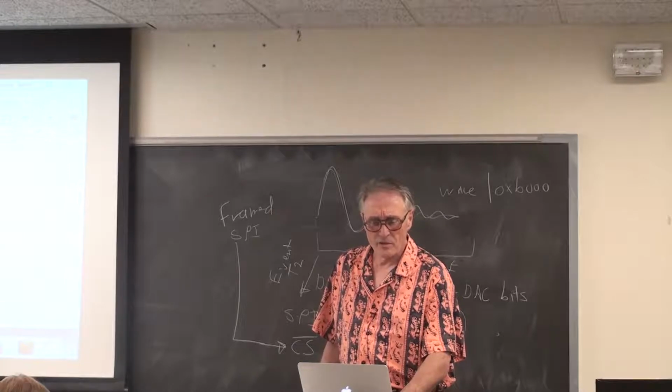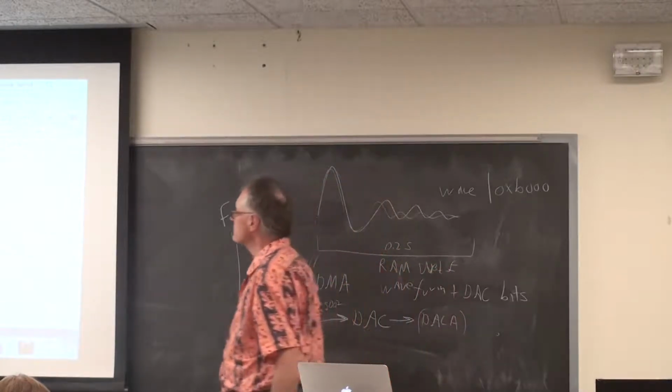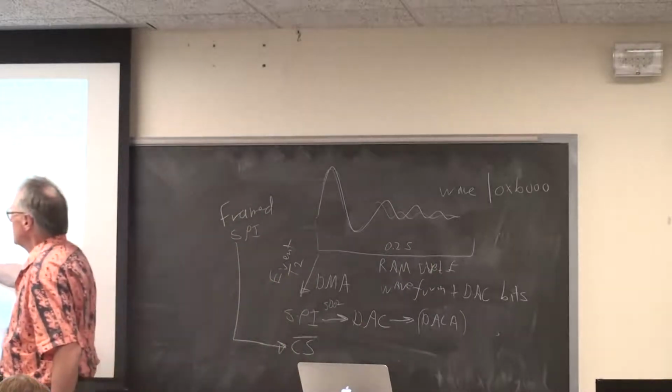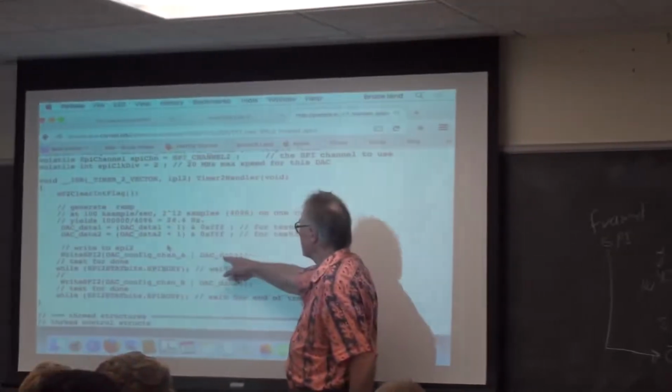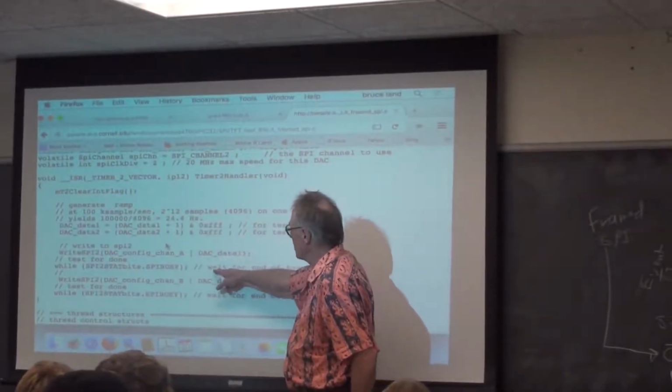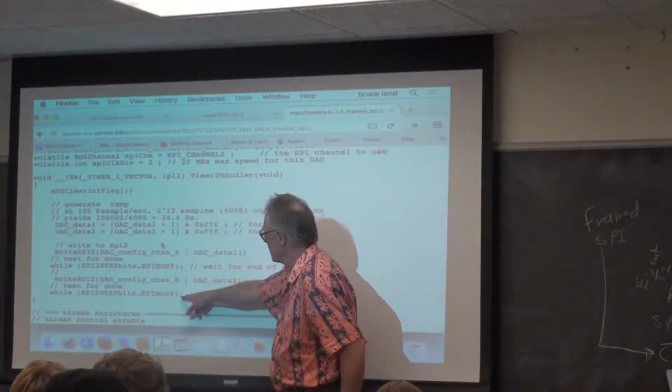If you look at the interrupt service routine, we're doing a DAC config channel A, waiting for SPI to be done, writing the other channel, waiting for SPI to be done.